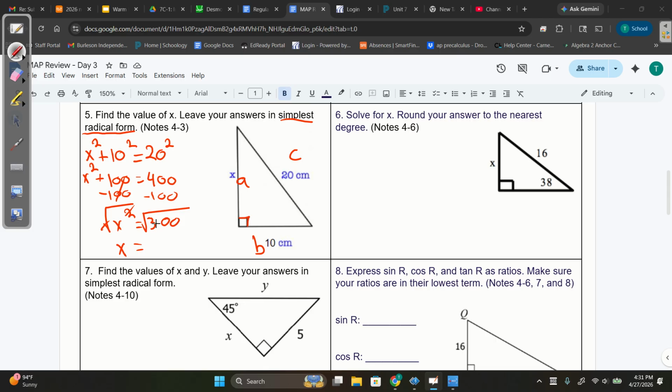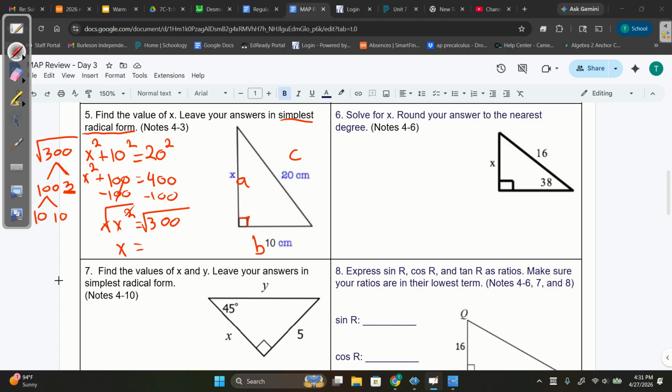Just like we did on number 1, we're going to have to factor 300 and pick out pairs of numbers. So 300, we can start out by saying 300 is 3 times 100. 3 is a prime number, so I can stop there. And 100 is 10 times 10.